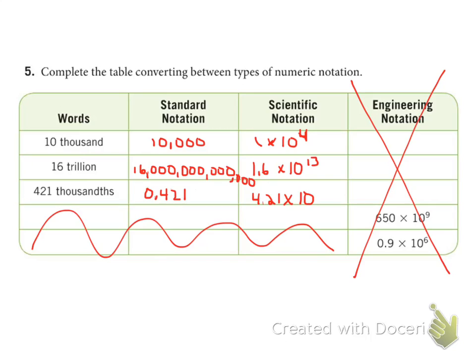Well, the decimal point starts out before the 4, and we move it to after the 4. Negative 1. It's negative because it's a small number, but we only have to move the decimal point one place. Okay, section 3 homework, my math lab and paper homework.